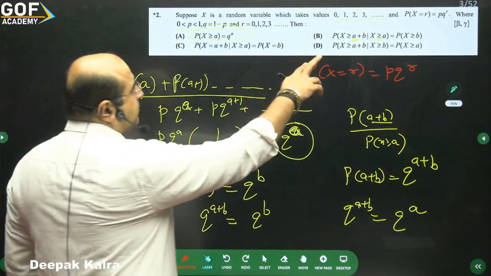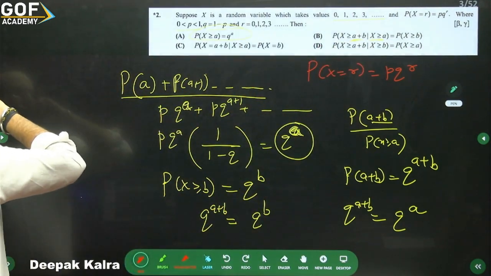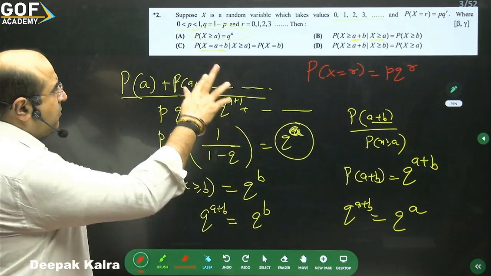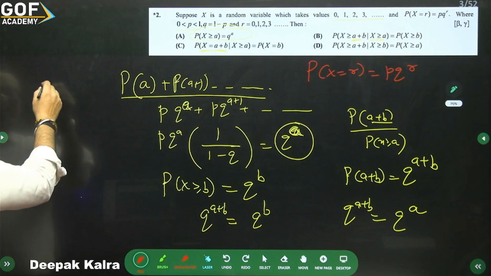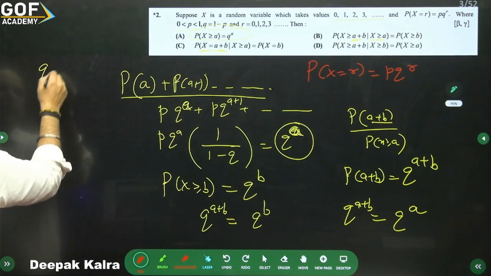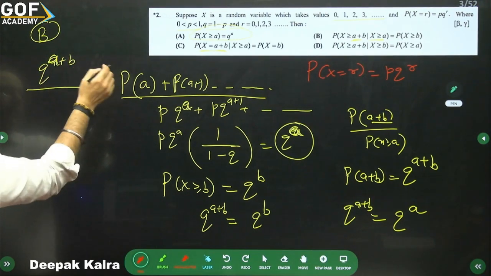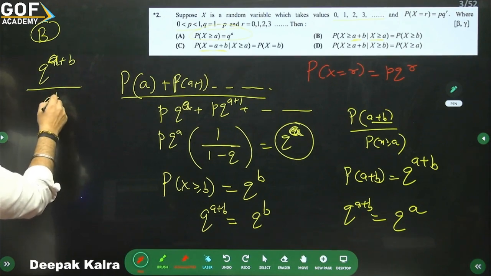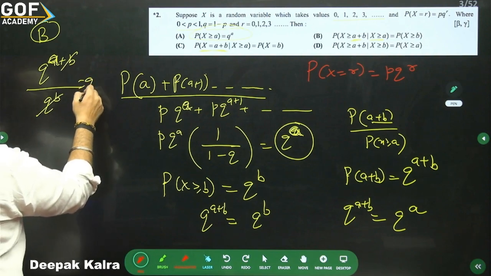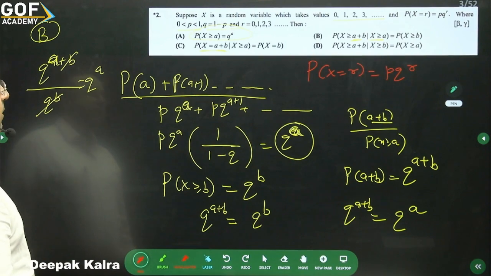We'll get only this value, I guess. So why not in this? So in this case, what will be the answer? Q raised to the power a plus b, I am doing for b now, okay? Over q raised to the power b. So the answer is q raised to the power a, which is the value of P(a).